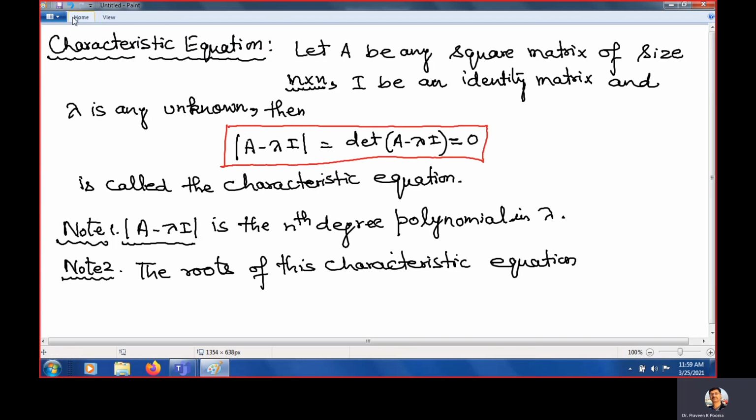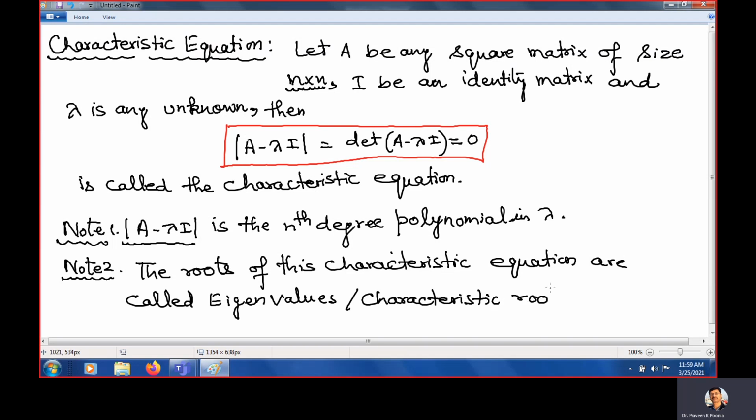This is the characteristic equation. So the roots of this characteristic equation are called eigenvalues, clear? Or characteristic roots.